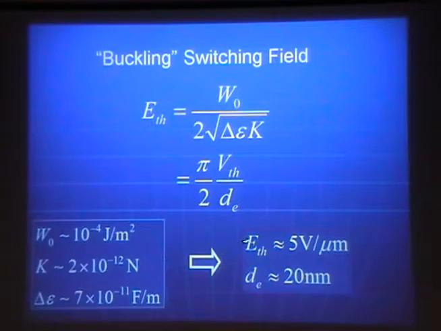Then we have an electric field of 5 volt per micrometer, which is fairly big, and because the display company doesn't like this value, in order to make a practical device, we have to reduce this number by a factor of at least 10 or even 100, as engineers and the display companies are saying. And it's a good thing for us to have something to do.